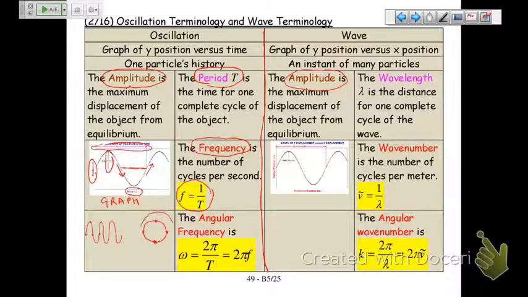So I can go around this over and over again, which is like doing that oscillation. That's a really important point because we're going to go backwards and forwards between the two. So I can talk about fractions of a wavelength. I can have 1 lambda, or I can have lambda over 2, or I can have 17 over 38 lambda. I can divide this up as fractions of a wavelength.